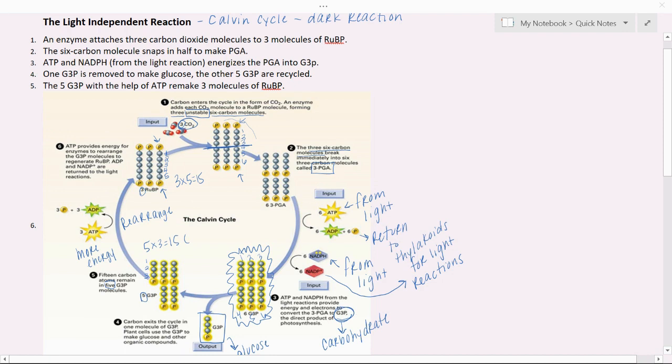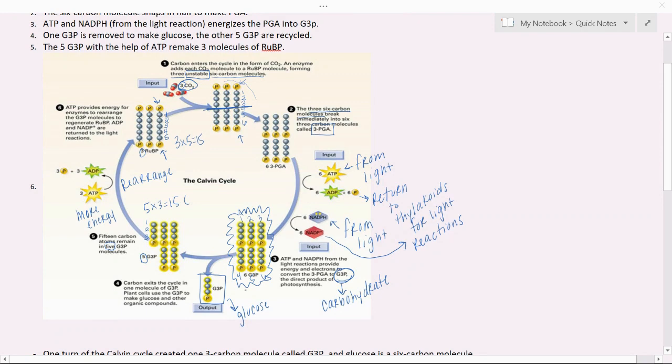And G3P is a carbohydrate that we can then use to build glucose. Out of the 6 G3P that we make, 1 of them goes to make glucose, while the other 5 get recycled back into the Calvin cycle.